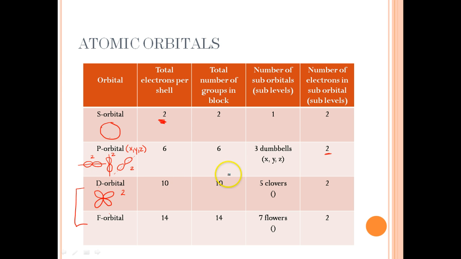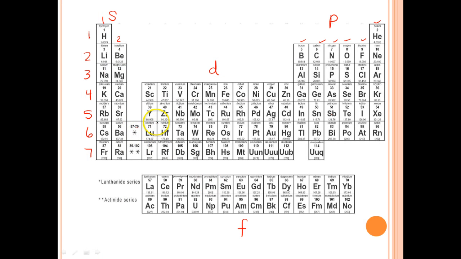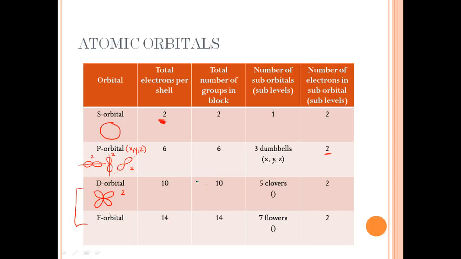Okay, but instead of having 3 dumbbells, there are 5 different suborbitals that all hold 2, giving us a total of 10 electrons per shell. And that's because there are 10 groups, and you guessed it, hopefully. There are 1, 2, 3, 4, 5, 6, 7, 8, 9, 10 groups in the d block.